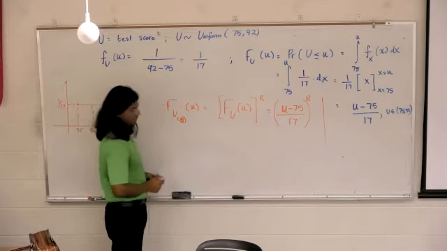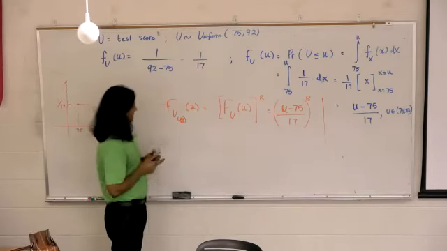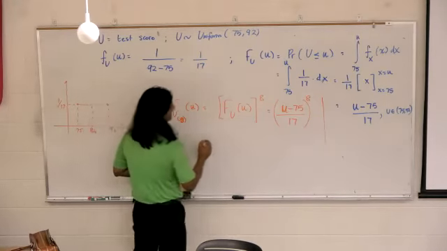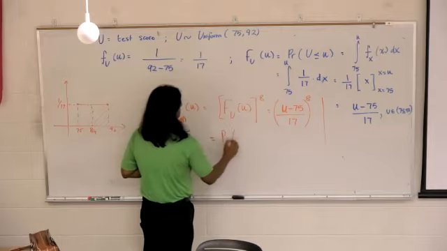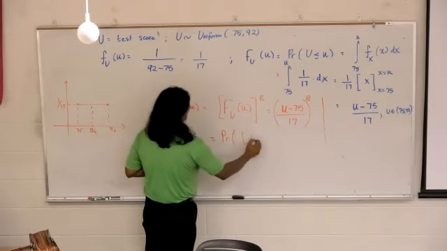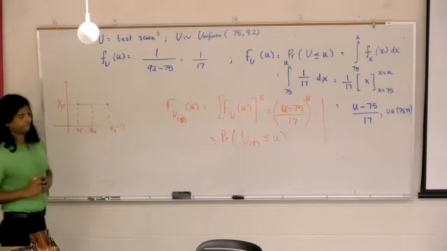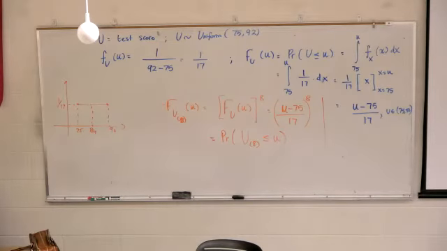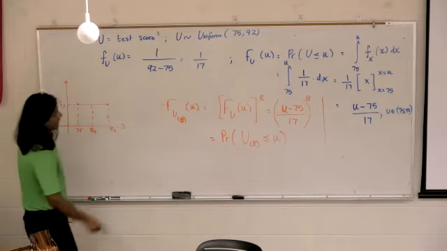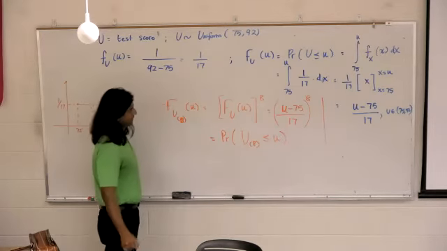Great. Now, that is simply the probability that the maximum is less than U. How do we find that probability?